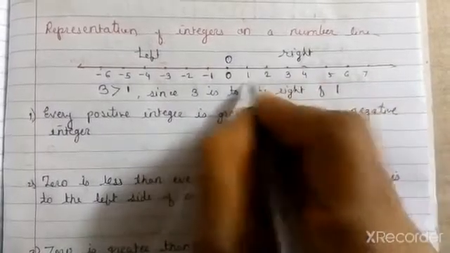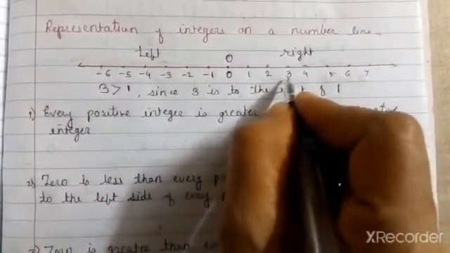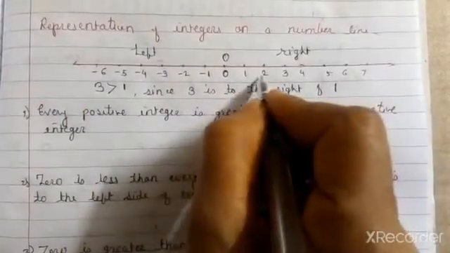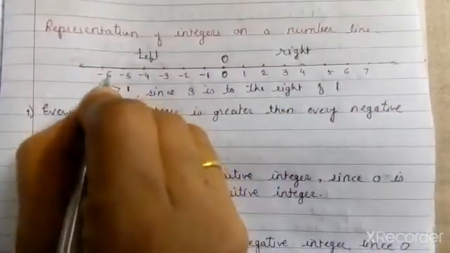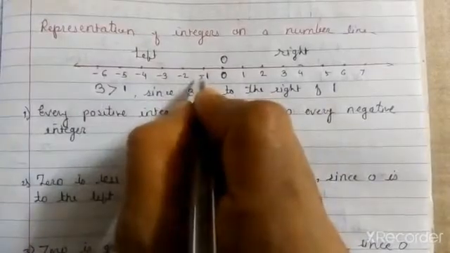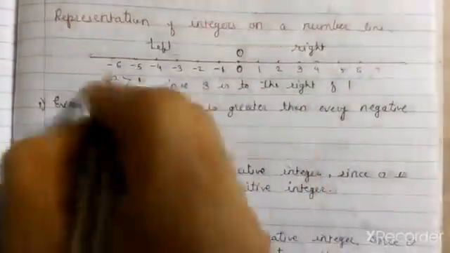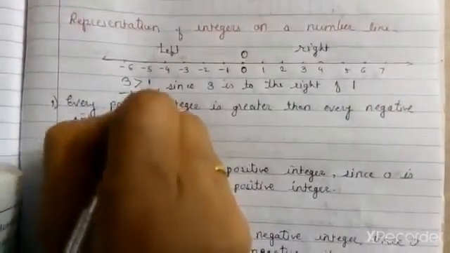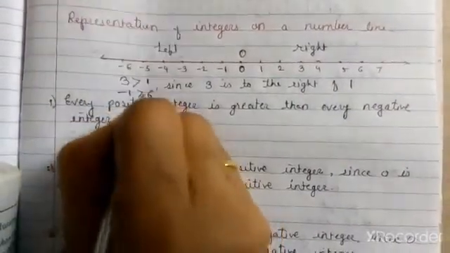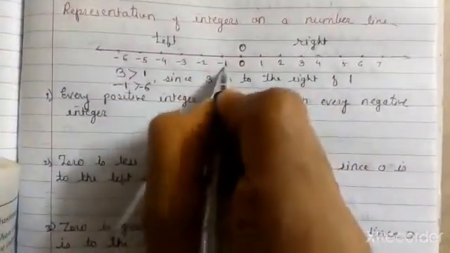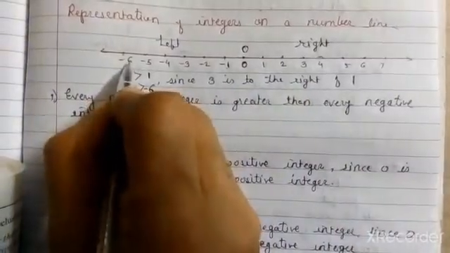Also, 7 is greater than 2. -1 is greater than -6, since -1 is to the right of -6.